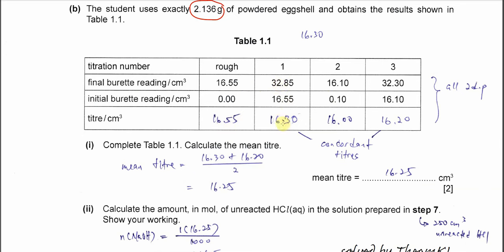The first one you get 16.3, the second you get 16, and the last one you get 16.2. You just use final minus initial, and you get this difference. Please make sure all the values you put here are to 2 decimal places because it's the burette reading, and it must end in 0.00 or 0.05.